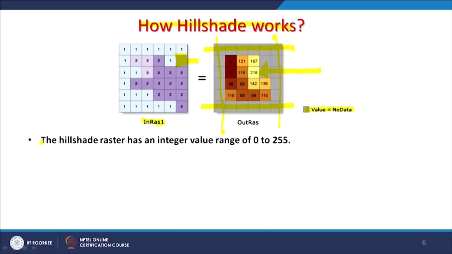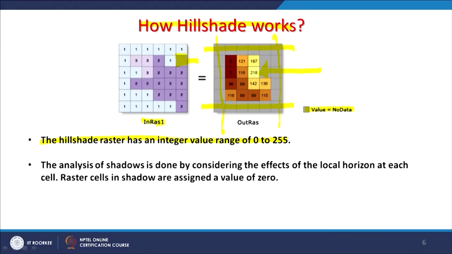So, the hill shade raster has an integer value ranging from 0 to 255. It is always represented in gray shades, though with some techniques you can convert them into colors also, which I have also demonstrated earlier through a demonstration of software.